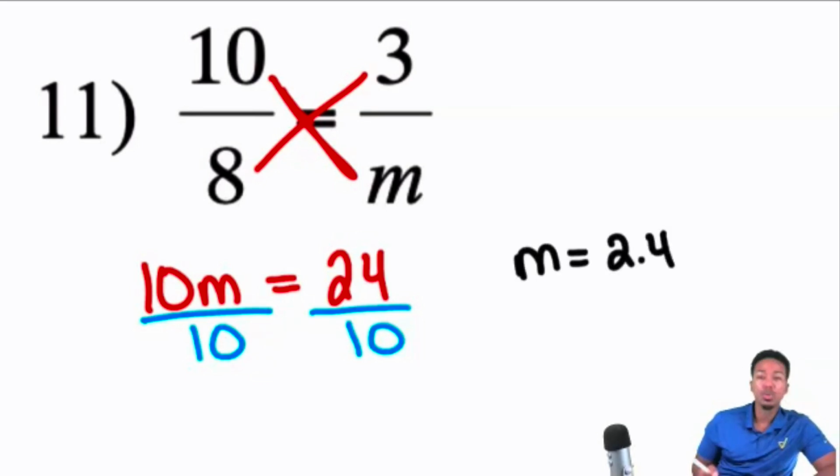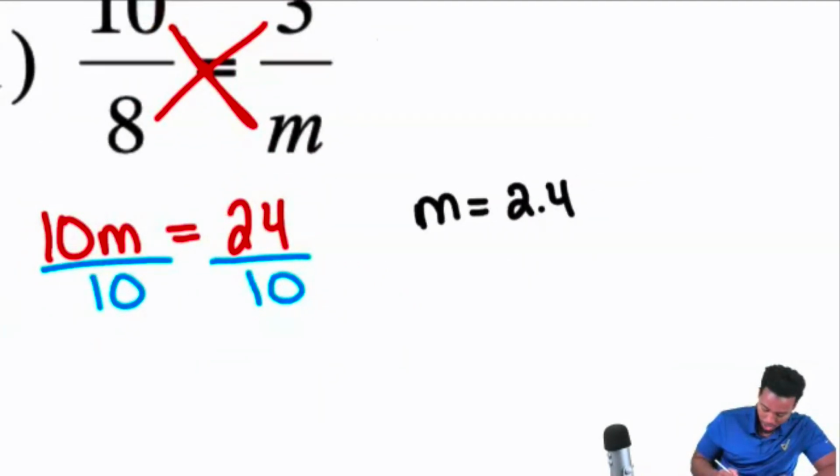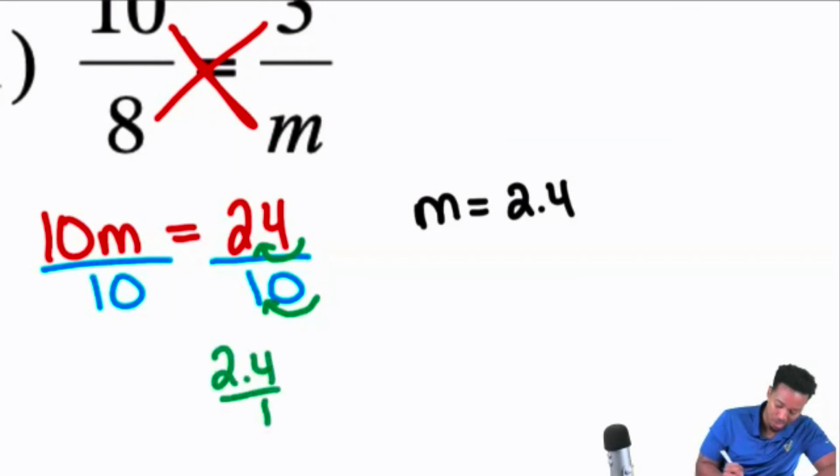That's right. Whenever we divide by 10, really all we have to do is move a decimal place over. So there's two ways of kind of looking at it. I'm going to do long division as well, but watch this. I can do it like this. Those are where the decimal places are. I can move both decimal places one time over. And there you go. This turns into 2.4 divided by 1. Anything divided by 1 is itself.